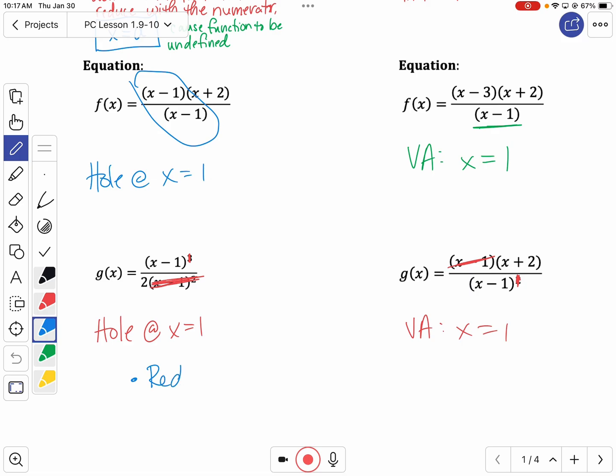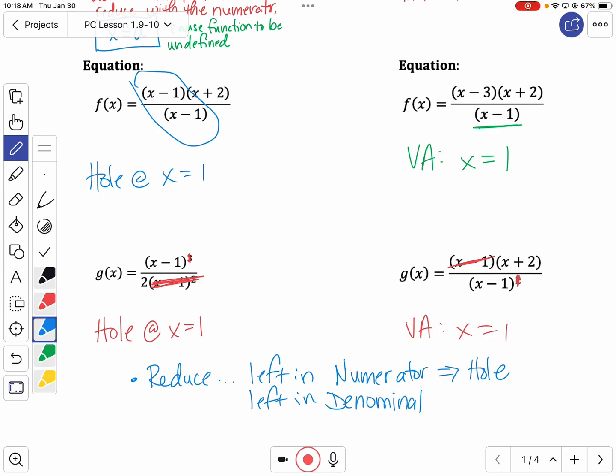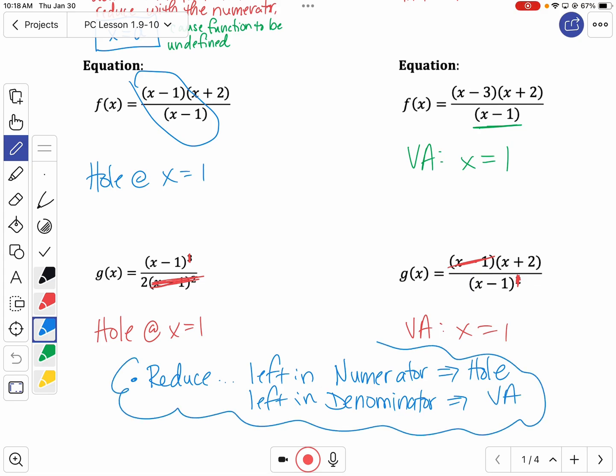When we reduce, if it's left in the numerator, it's a hole. If it's left in the denominator, it's a vertical asymptote. So after we reduce, that's how we can tell the difference between the two in terms of what we have.